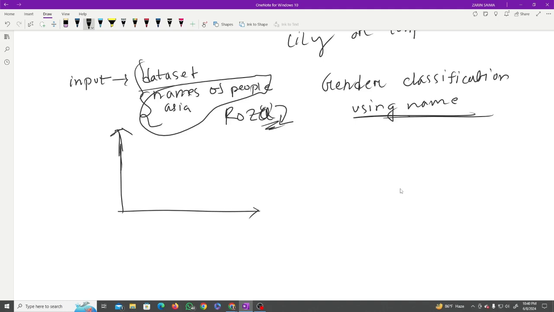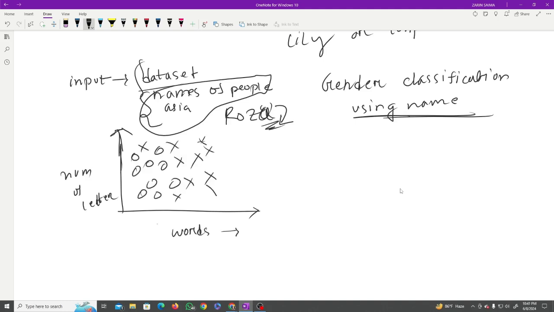And suppose this is how your graph looks. Let X denote female and 0 denote male.